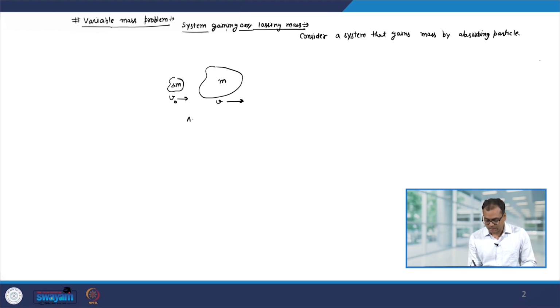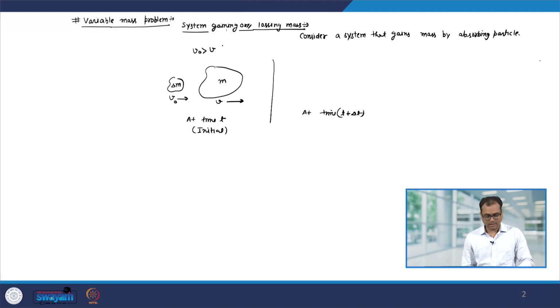This is the situation at time t, let us call it the initial time, and at time t plus dt, if your v naught is larger than v, then they combine. So we have mass m plus delta m, and it moves with a velocity v plus delta v.